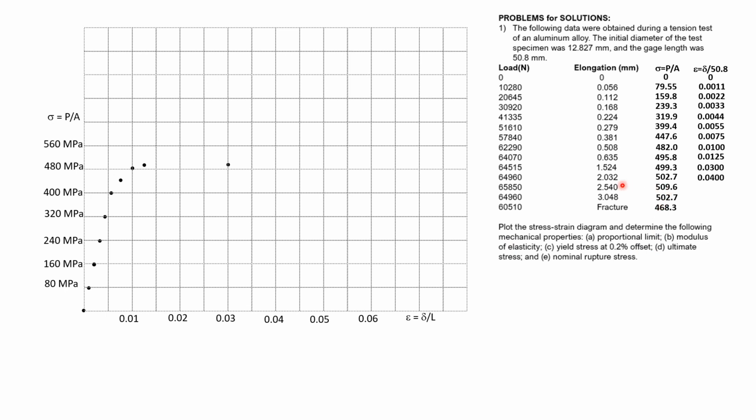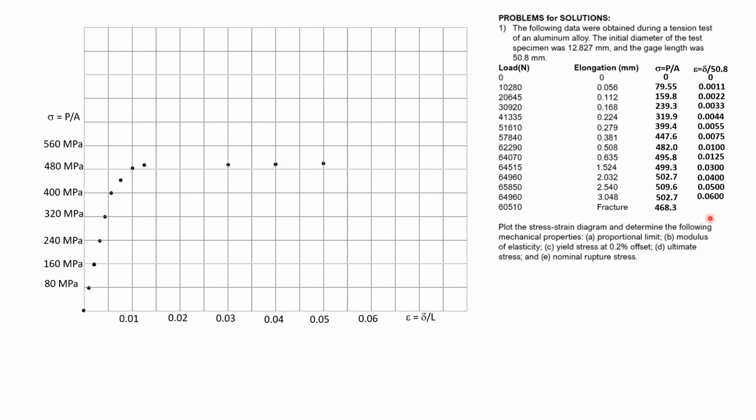Then 2.032 divided by 50.8 is 0.04, so it's here. And the stress is 502.7, so you just approximate it. Then 2.54 divided by 50.8 is 0.05. Then plot 509.6 at 0.05, so it's here, and 509.6 is slightly above that.